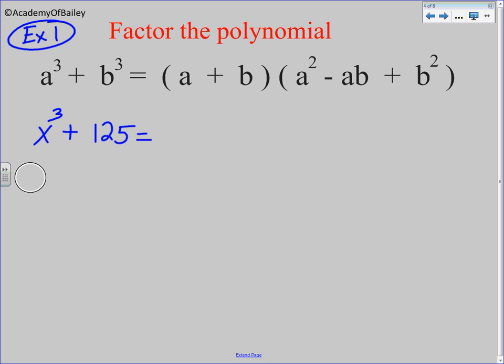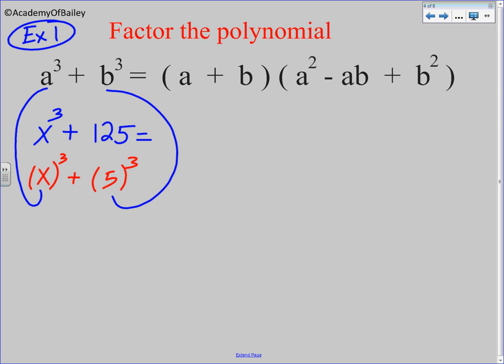So what we're actually looking at here is x to the third power plus 5 to the third power. And once we can look at it like this, it should be easy for you to recognize what a and b are. A is equal to x, b is equal to 5.